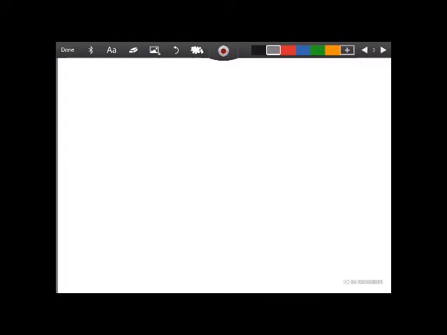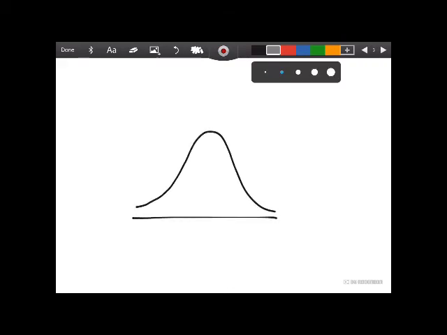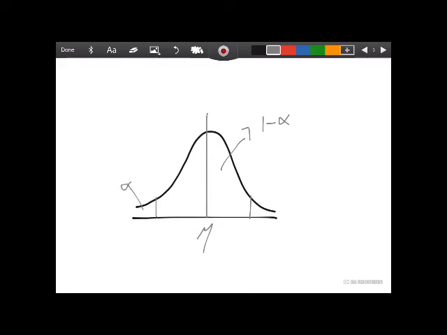If we know sigma, then we can actually think of the normal distribution. The normal distribution is like this, and then we have mu, which is the center, and then let's say we want to have 1 minus alpha confidence, meaning that we would like to have alpha halves on the lower tail, and then also alpha halves on the upper tail.